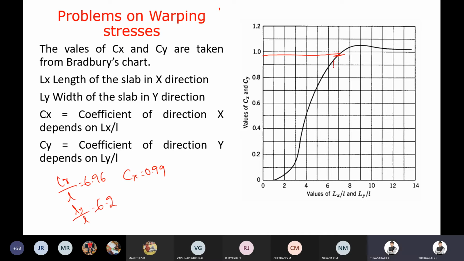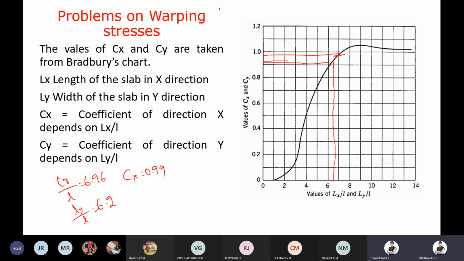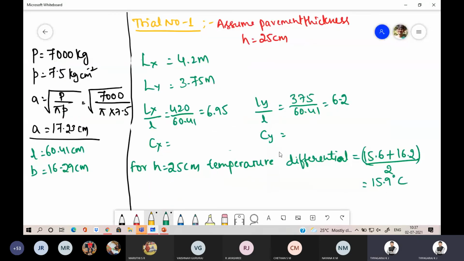So we will get a lesser value, around 0.92. Cy is equal to 0.92. So among those, the Cx value is higher. So we are going to consider the Lx by L ratio. Now Cx is equal to 0.99 and Cy is 0.92.